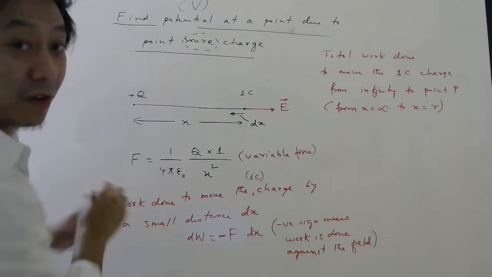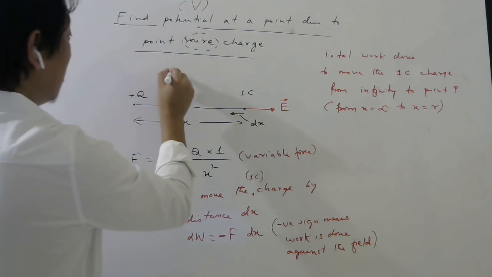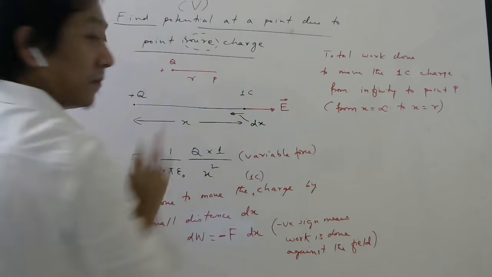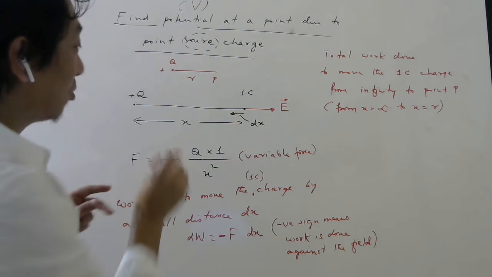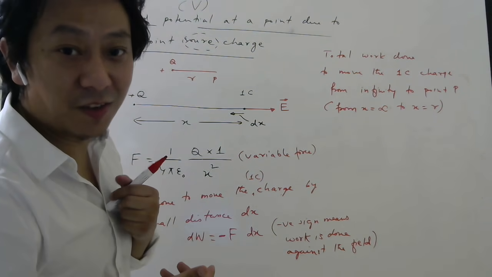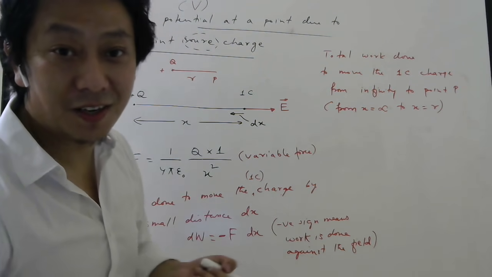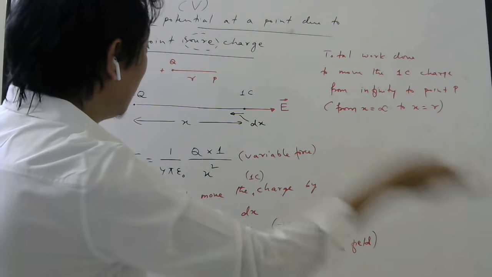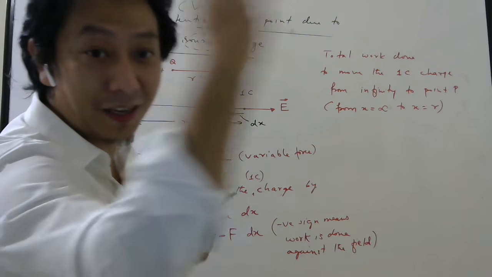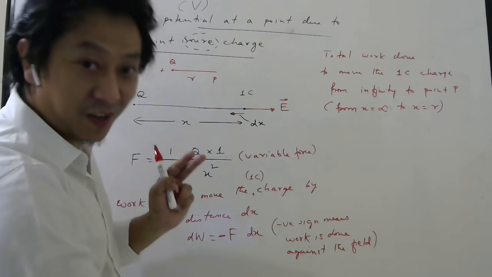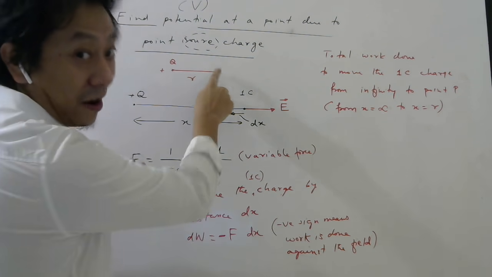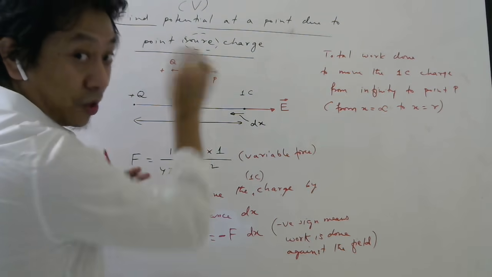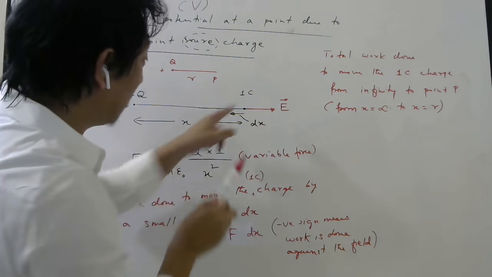Remember in the beginning of this derivation I told you, here is a plus q charge. I want potential at this point. That was my question, if you remember. According to the definition of potential, what is the definition of potential? Work done to bring 1 coulomb charge from infinity to this point. So when you are at infinity, this x will be how much? Infinity. And when you reach the final point, wherever you want potential, it is potential, not potential energy, because we are bringing 1 coulomb charge.